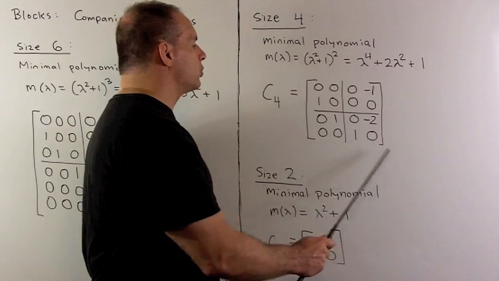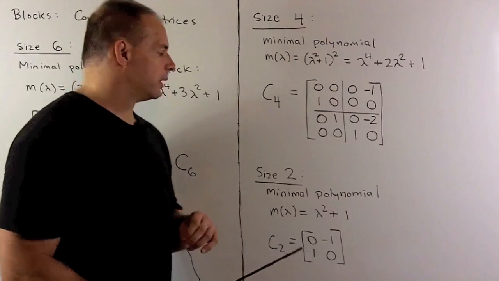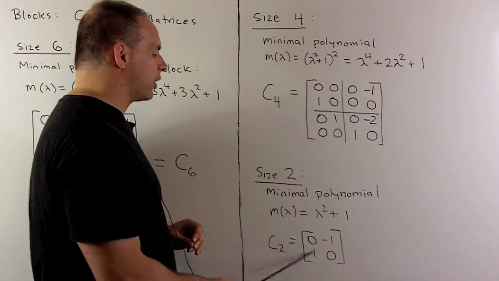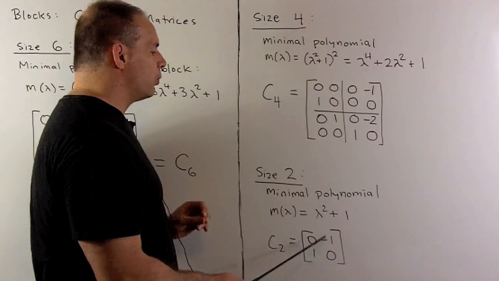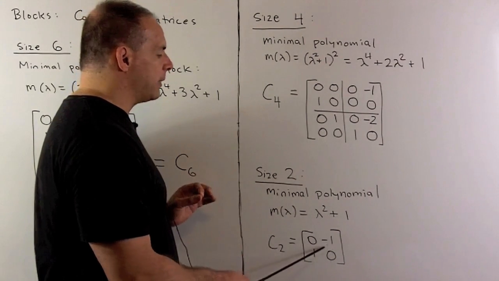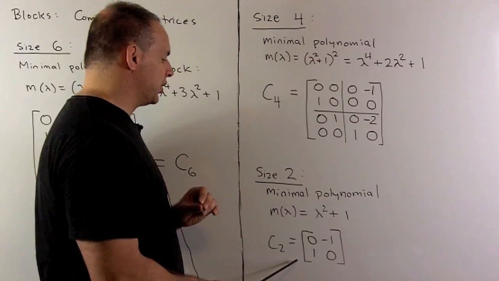Call this companion matrix C4. Then for size 2, the minimal polynomial is λ² + 1. So I have a 1 on the diagonal below the main diagonal. Then we just have, ignoring the leading term, 0 for the coefficient of λ, and then a minus 1. I'll call this block C2.